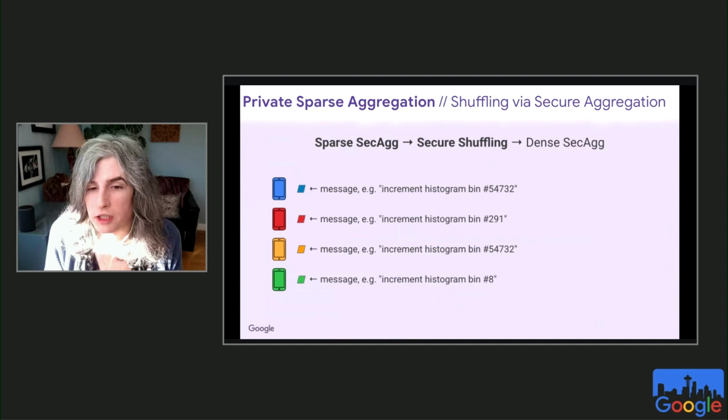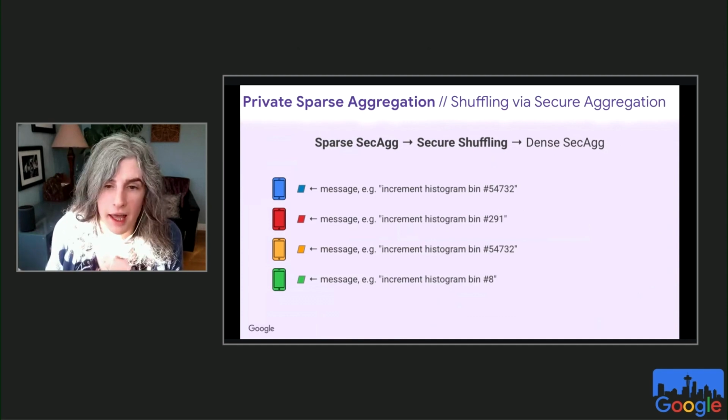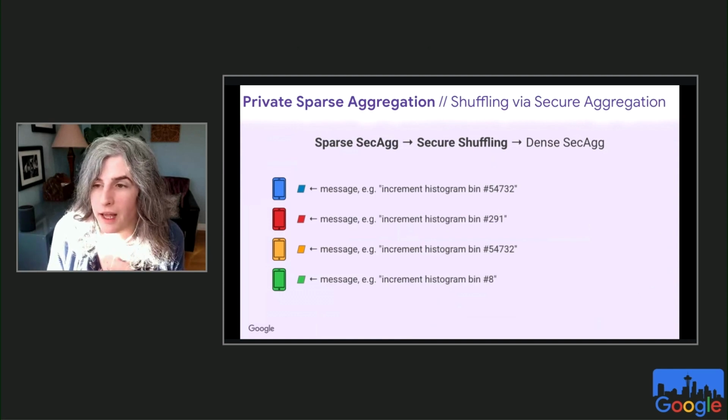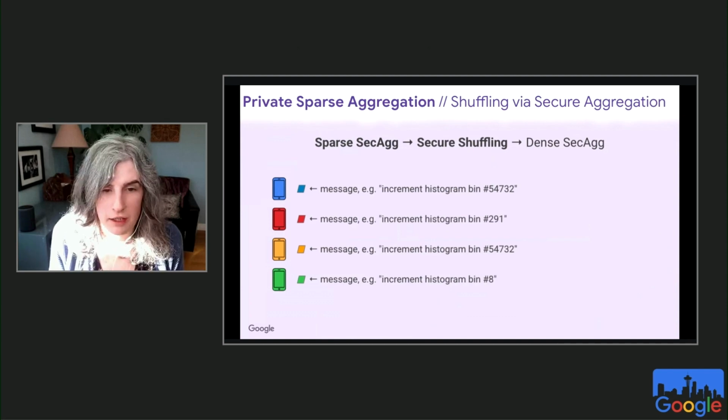And then if you were able to shuffle those messages together, what you'd end up with is essentially a representation of a histogram composed out of increments to various bins without being able to tie those increments to the source.